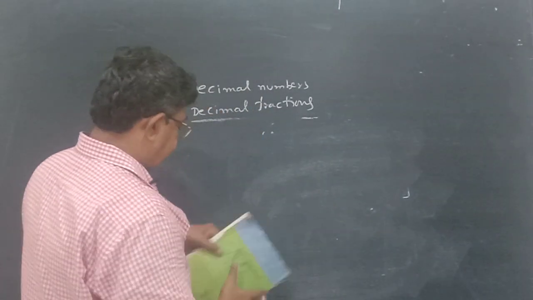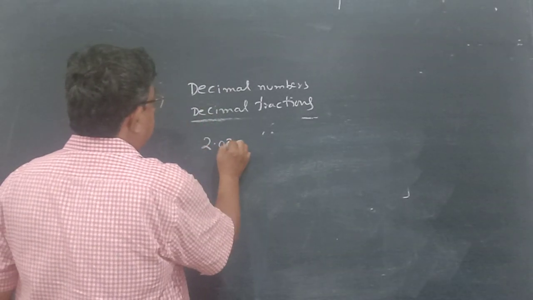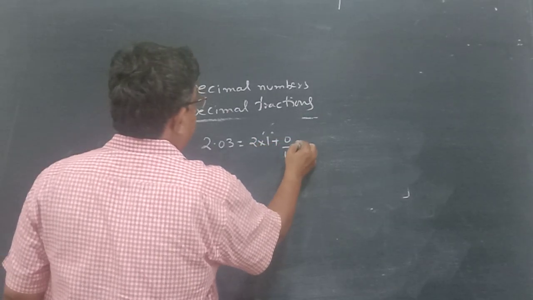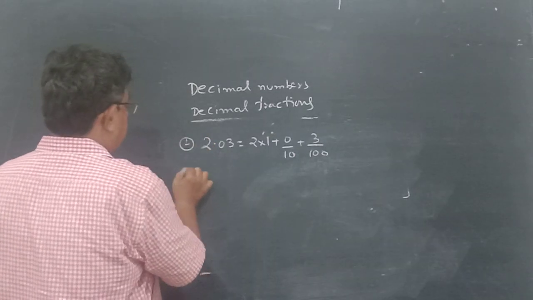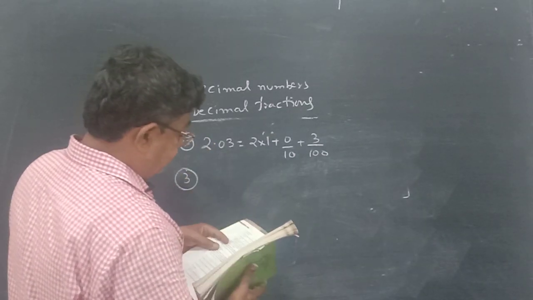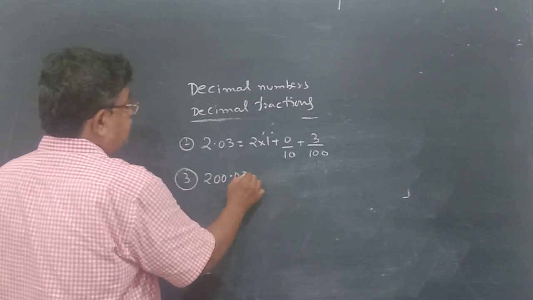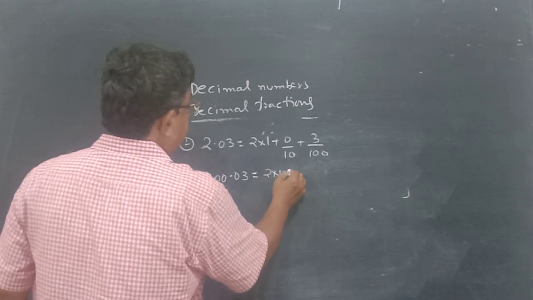Second one, 2.03. 2 is in the units place, so 2 into 1 plus 0 by 10 plus 3 by 100. This is the second one. Third one, 200.03. 2 is in hundreds place, so 2 into 100.